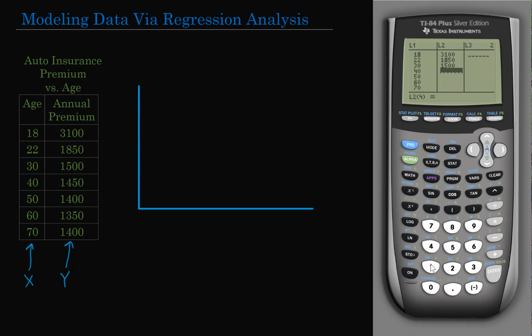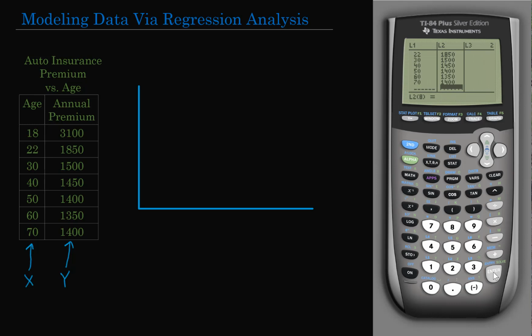At 40 years of age, $1,450. At 50 years of age, $1,400. At 60 years of age, $1,350. And then at 70 years of age, it creeps up a little bit, back to $1,400.